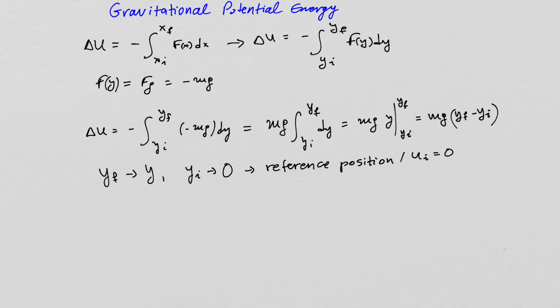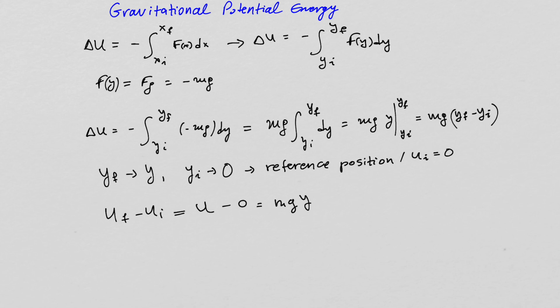So then the change in gravitational potential energy will be written as U final minus U initial. In terms of our new labeling, this will become simply U minus 0, and that will be equal to mgy.